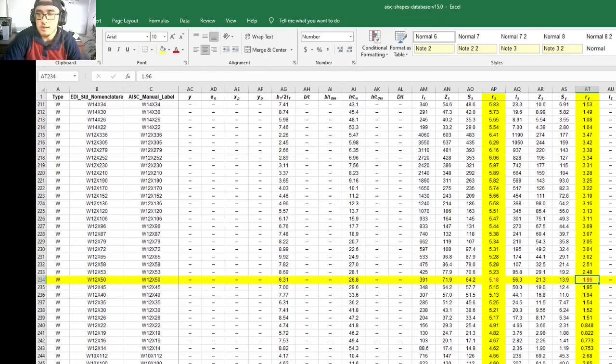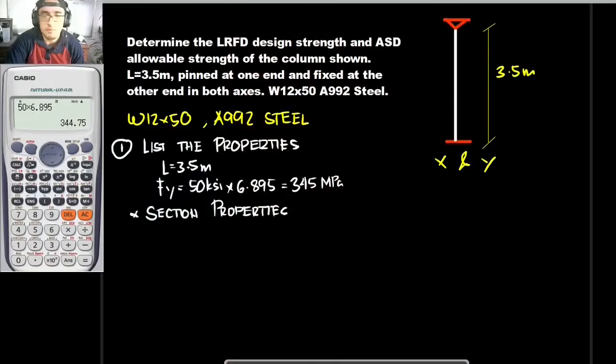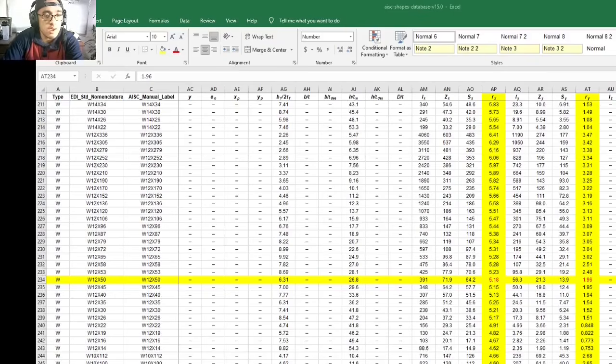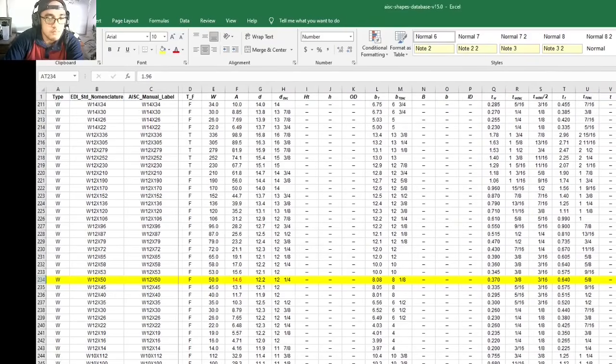So, balik tayo sa ating open board. Okay, so as for the section properties, AG is to be equal to 14.6.